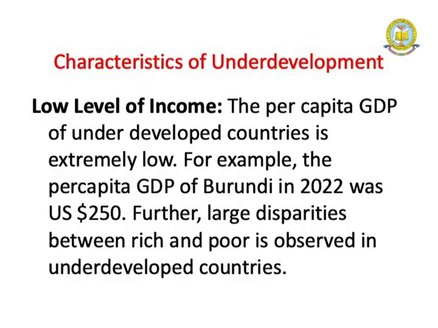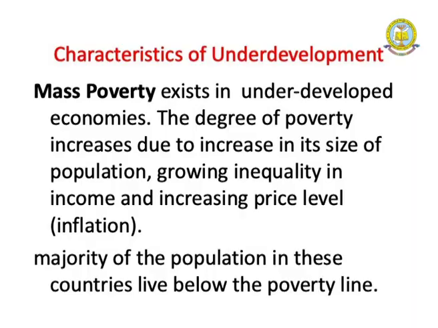Further, we find large disparities in income between rich and poor in underdeveloped countries. So, for example, in countries like India, we find the top 10% living like Americans and the bottom 10% living like the people in African countries like Ethiopia, etc. In underdeveloped countries, mass poverty exists.